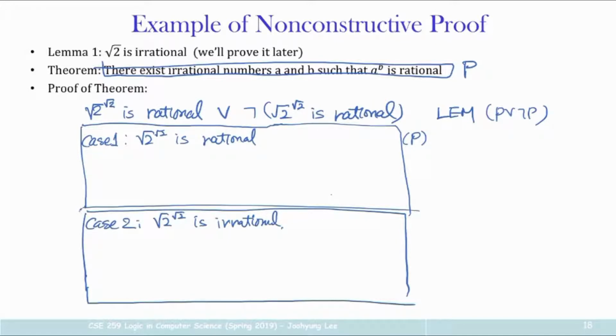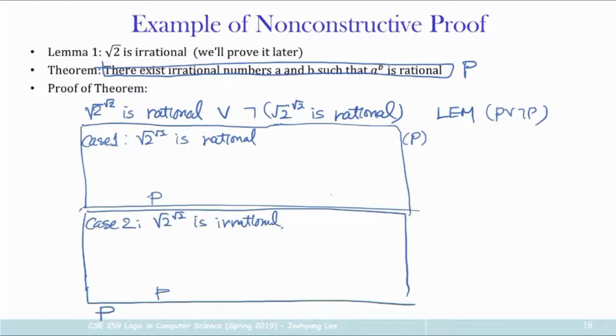So in each of the cases, what we are going to prove is that the claim holds. So I'm going to show that it is true, whichever case we are in. This is the proof structure. Let's first agree on the proof structure. Okay, so I'm going to use P or not P as the law of excluded middle. Case 1, assuming... actually not the P, let me write. I mixed this up.